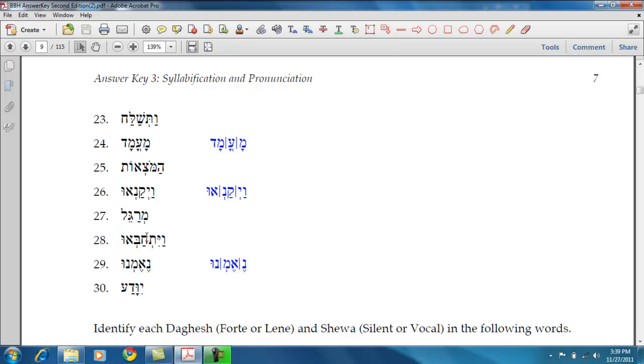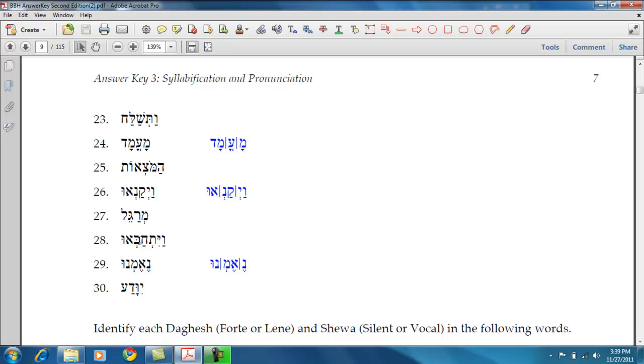The next one would be chet, patach, and then bet. And then the next syllable, since this is a doubling dagesh, basically what you have here is the bet closes off that syllable with the chet and begins the other one with the u.